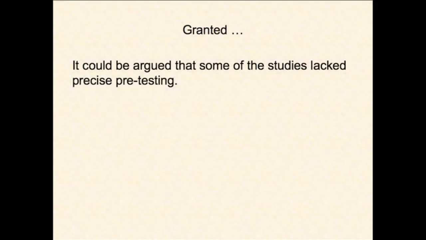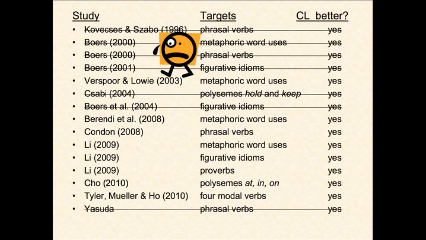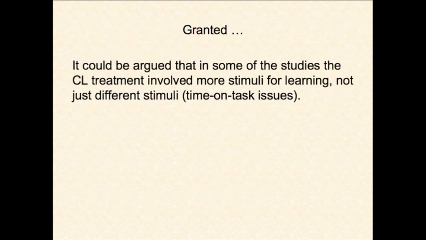Now, some things need to be acknowledged as well. In some of the studies, especially the early studies, there were no real good pre-tests. So there go some of my own studies. It should also be acknowledged that in some of the studies, there was a time on task issue, so the cognitive linguistics treatment got more than the other treatments.